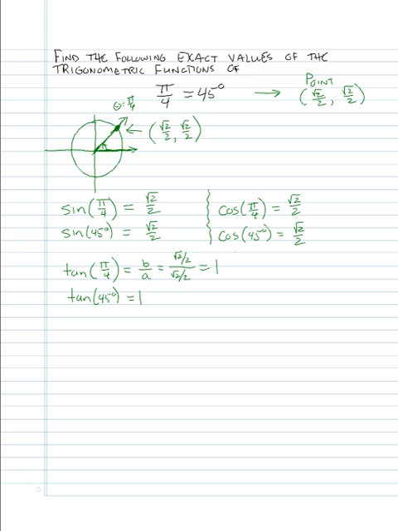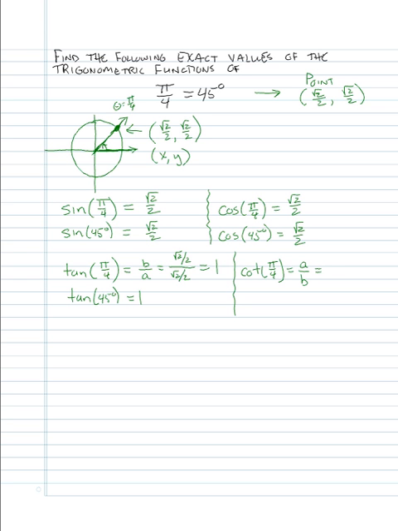Now, we want to know the cotangent of pi over 4. Well, from what we talked about before, the cotangent of pi over 4 is the first coordinate of the point divided by the second coordinate of the point. I hate to confuse us with how we're labeling these points, but at that point, we could think about this is the x value and this is the y value, couldn't we?